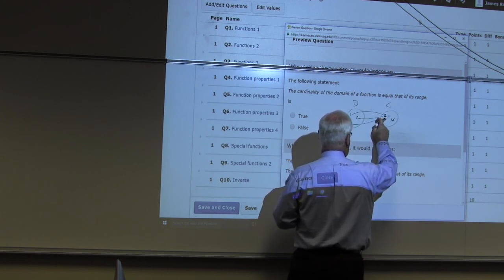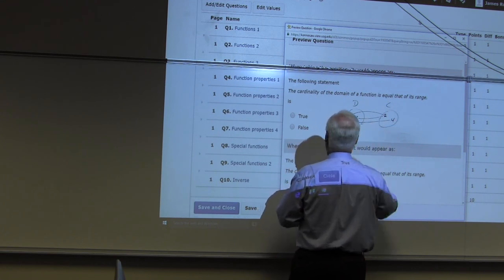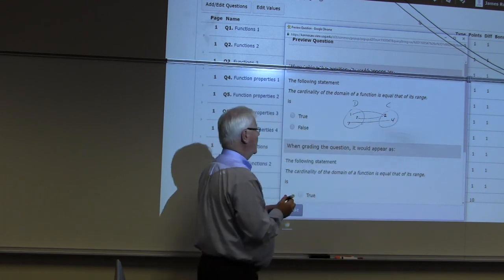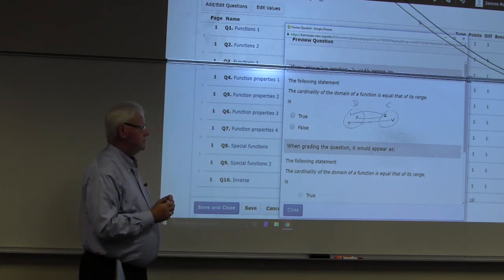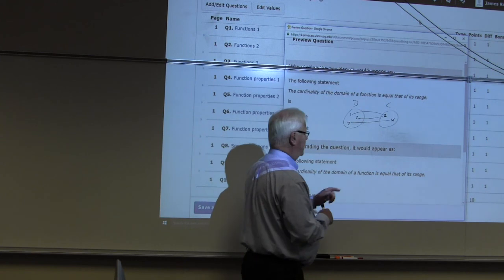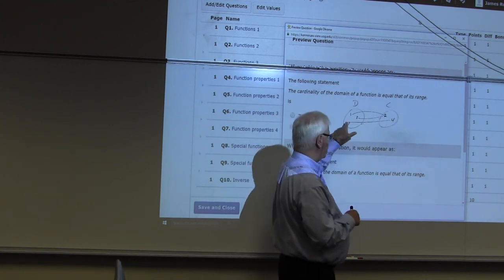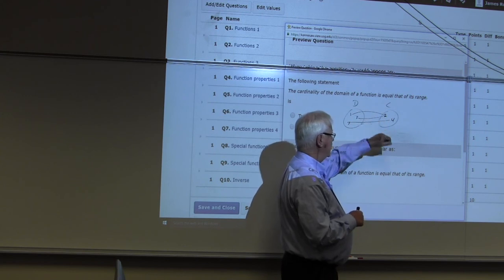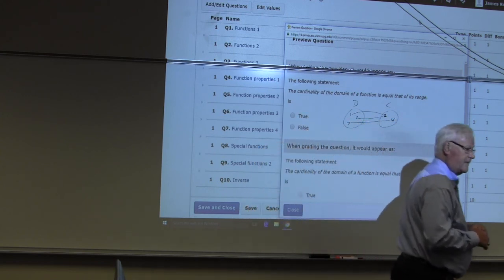Or let's make it even onto. Did we say it was onto? So now, here is the range of the function, isn't it? Because that's where all the arrows are going. But this is not the same size as this. It's smaller. Okay?